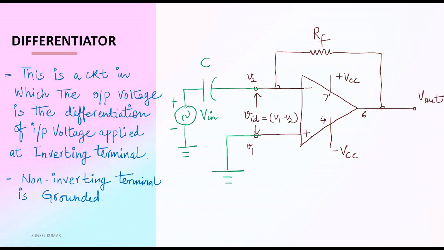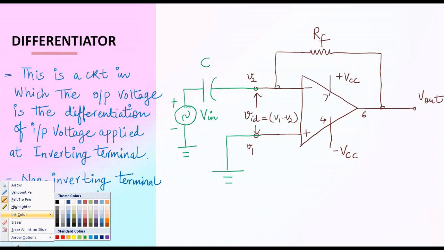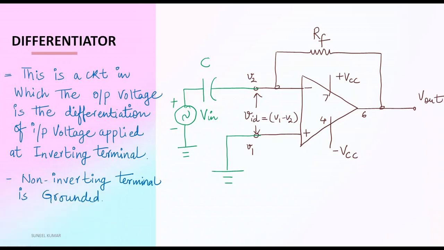Now we want to analyze this circuit. As in previous circuits, consider this node A. The current flowing in this branch is, let's say, IC, the current going inside the op-amp is small i, which is always 0, and this is IF.